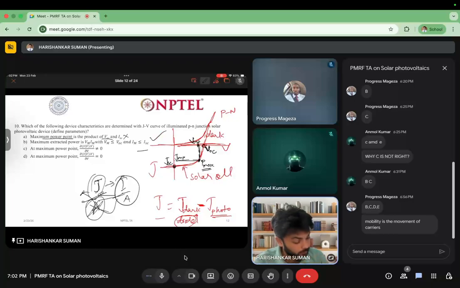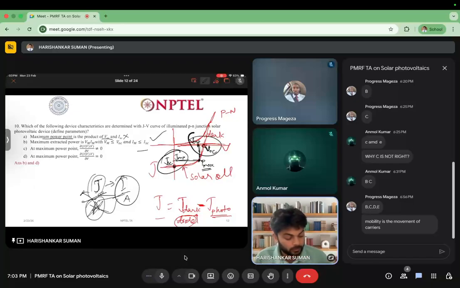You can see from the curve, the voltage will go up to VOC but not beyond this, so it is always less. At the maximum power point, the tangent to the curve gives you 0.